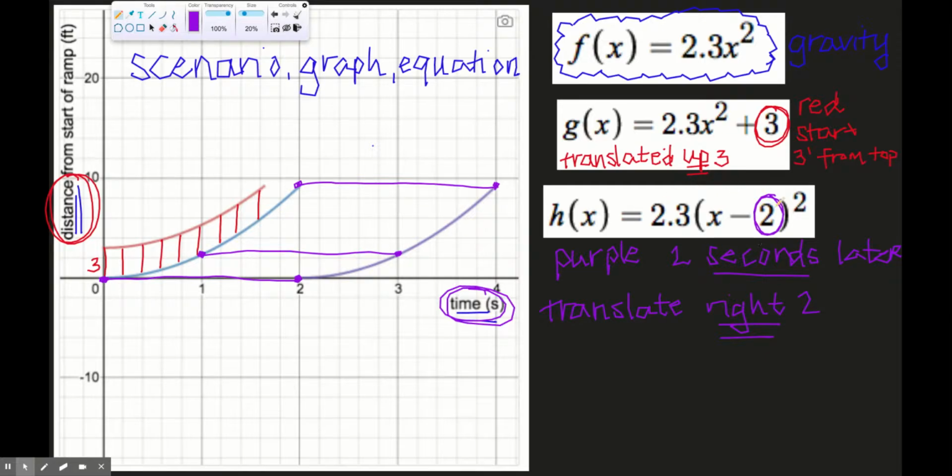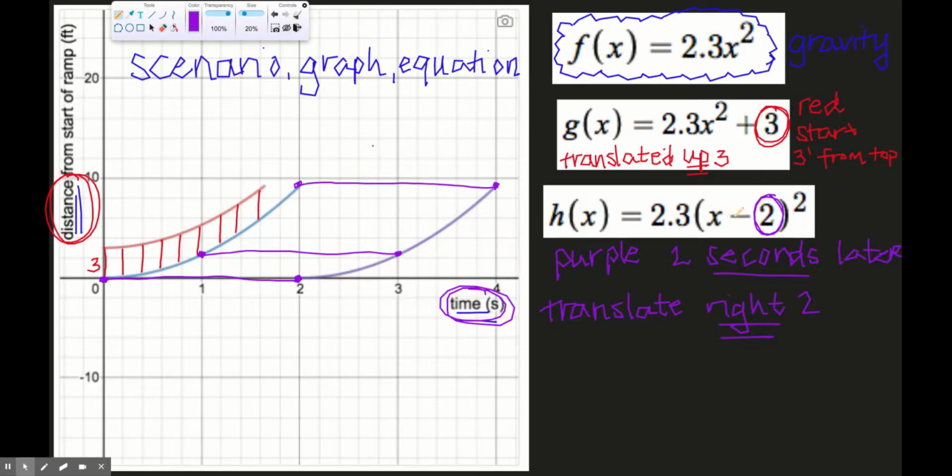You can see that 2 is inside the argument of the function. It's part of the input of the function, affecting the independent variable. So before I take into account the effect of gravity, before I square it and multiply it by 2.3, I subtract 2. I change the time before I let gravity have any effect on it.